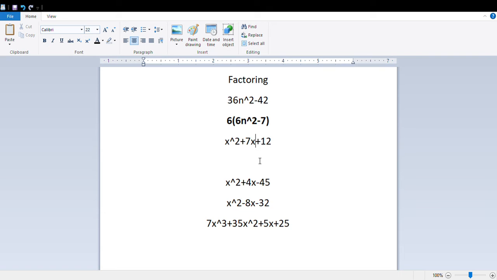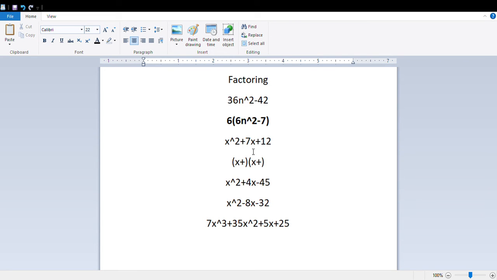When we set up our factor, we know that we have an x squared in the first term. So we're going to have x plus something times another x plus something, or x minus something, depends. Since we have a plus here, a plus here, and a plus here, we're just going to keep it in this form: x plus a value times x plus another value.